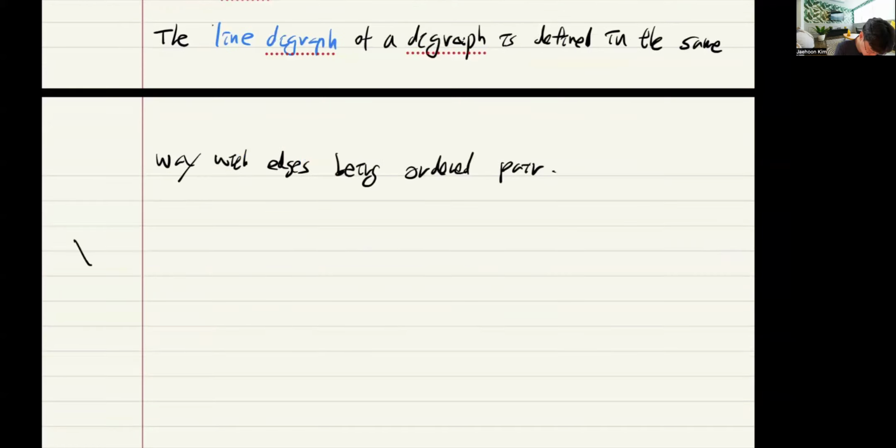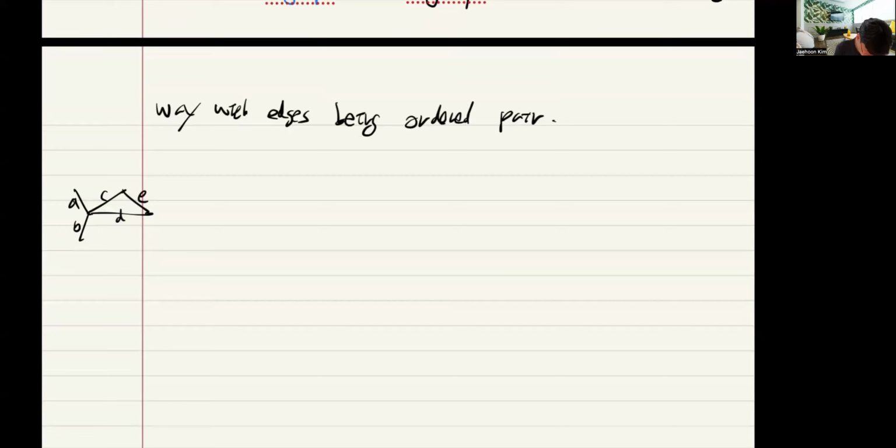So, for example, if we have a graph here with edges A, B, C, D, E, this is your G, then L of G is what? A, B, C, E, D. So this is the line graph.